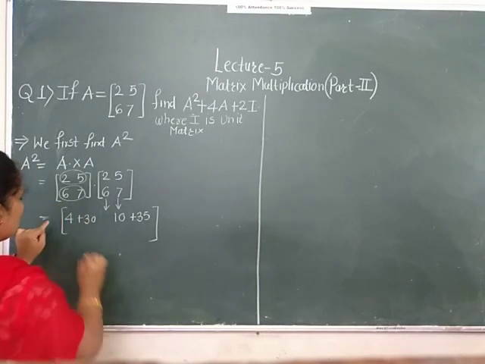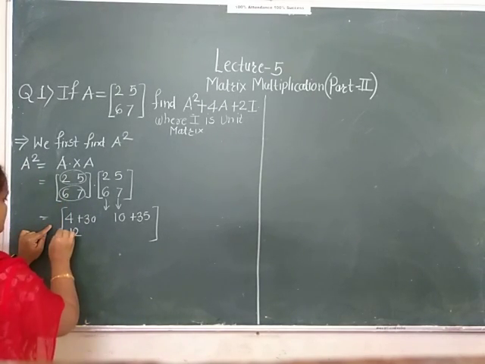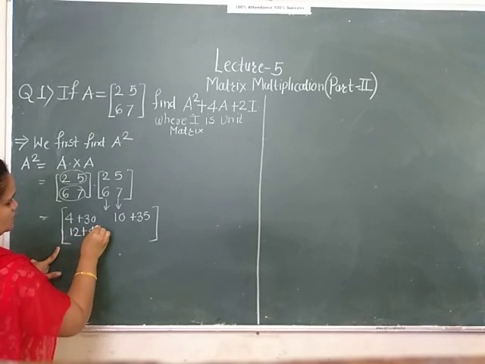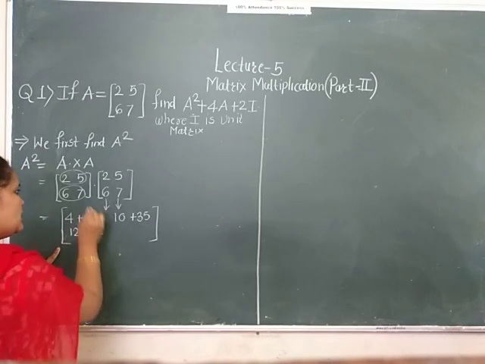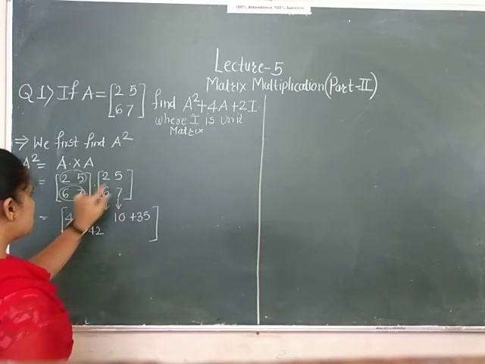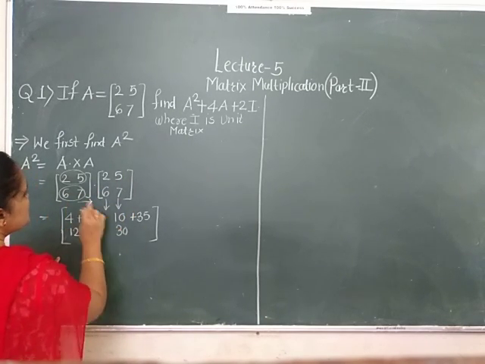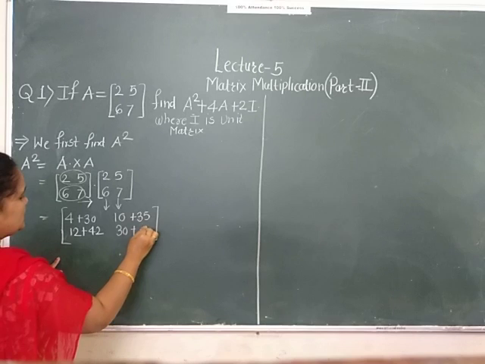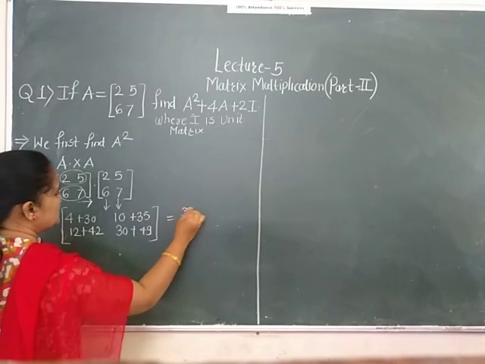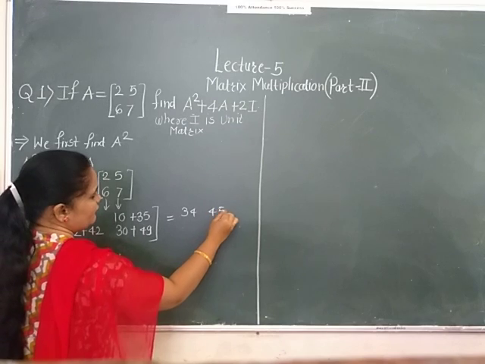So 6 into 2 is 12. Then 7 into 6 is 42. Then again same row but column will be second. 6 into 5 is 30. 7 into 7 is 49. Okay. So it is equals to 34, 45.